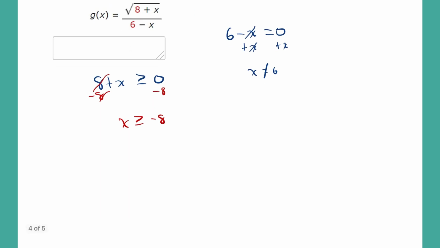All right, so on a number line, that would look like this. You have negative 8 over here somewhere. You have positive 6 over here somewhere. Open circle because x cannot be 6. And then here, you want this to be a closed circle because it's got the equal sign on the bottom. And you want to shade all the values that are greater than or equal to that.